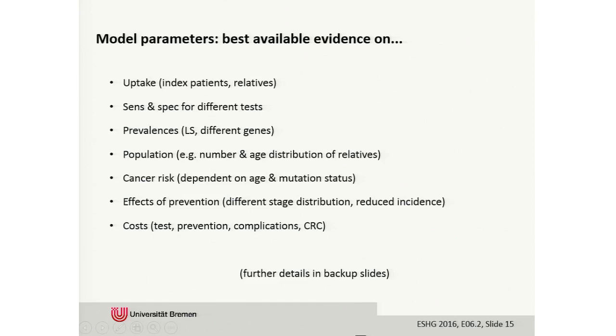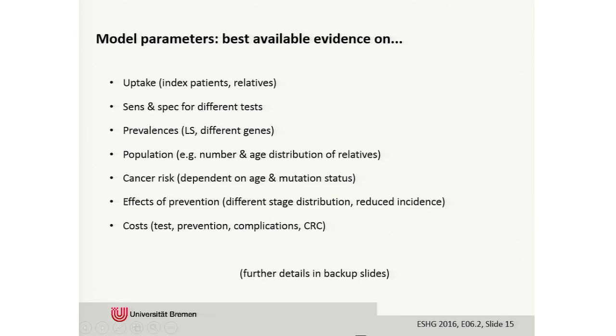You have the sensitivity and specificity for the different tests. You have the prevalences of the Lynch syndrome and of the different genes. You have information on the population, like the number and age distribution of the relatives, because also the age has an impact on cancer mortality and incidence. You have the cancer risk, which depends on age and on mutation status.